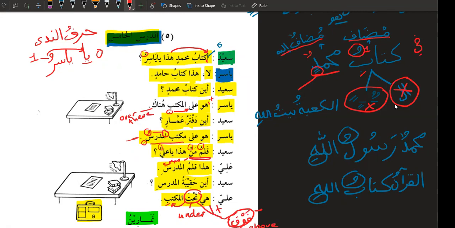And we've done ya, which is harfun nida, the word we use for calling, and the one who is called we call munada. The name that comes after ya, if it has two dhammas, changes to one dhamma. So we say ya Muhammadun, ya Muhammadu.